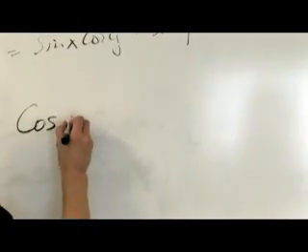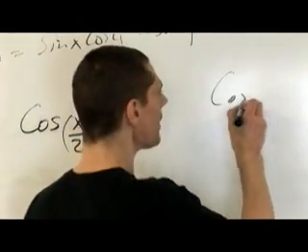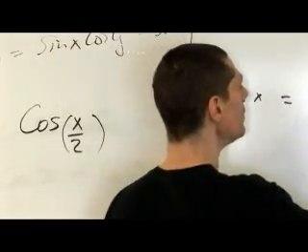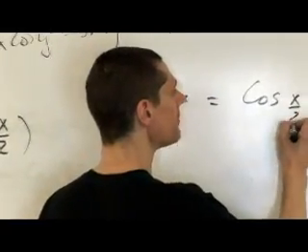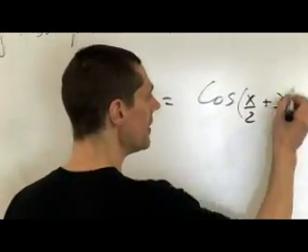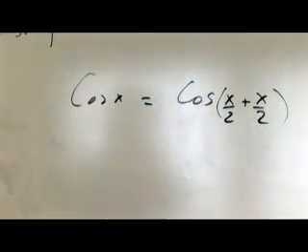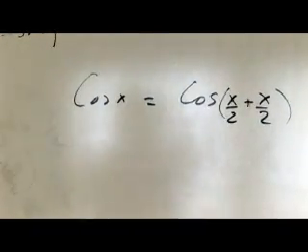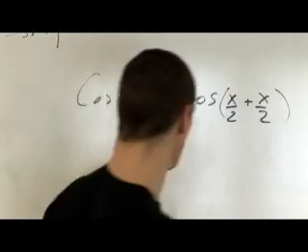Let's see about this. We're looking for cosine of x divided by 2. Well, cosine of x is equal to cosine of x divided by 2 plus x divided by 2. Let's just see what we can use with our formulas to get some stuff here. Let's just see if anything comes up.